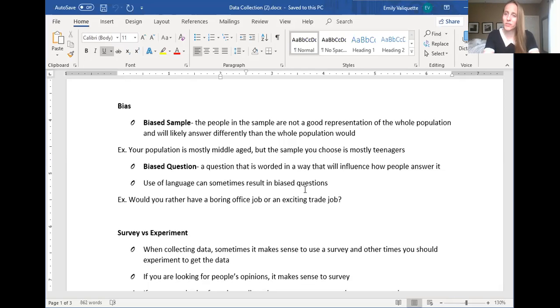There's also cultural insensitivities that you have to take into account. So if you're going around and asking people, what did you have for lunch today? Which might seem like a perfectly innocuous question.